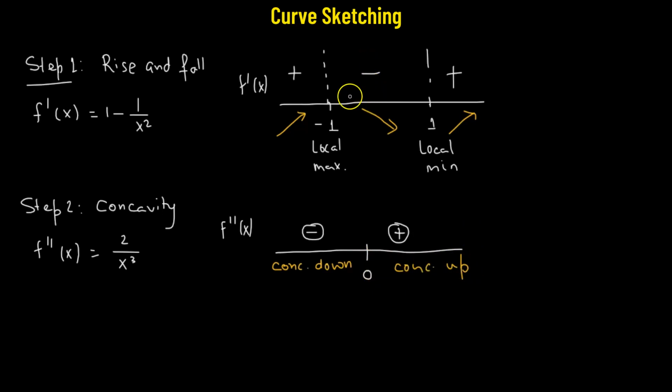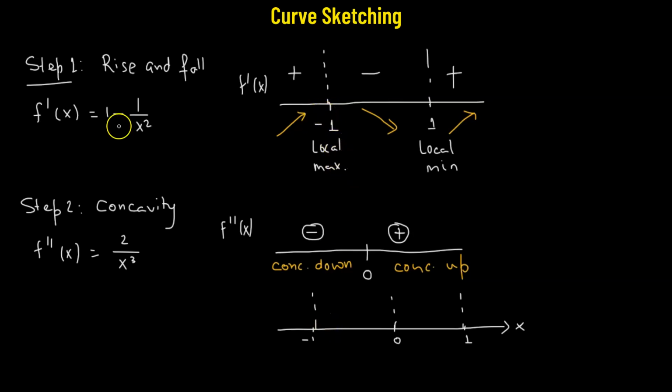So what we'll do is combine the results obtained in step 1 and step 2. Let's do that. We have our number line. We do not have any x-intercept, so we'll consider the numbers -1, 0, and +1. Now let's talk about the increasing and decreasing function, the rise and fall.